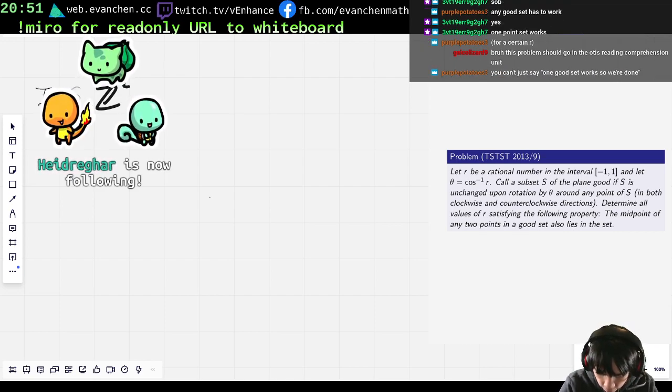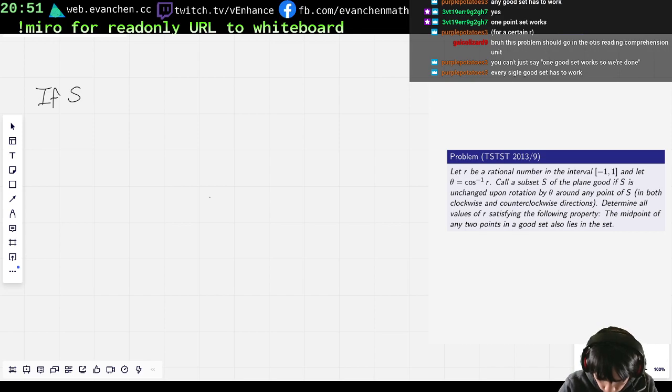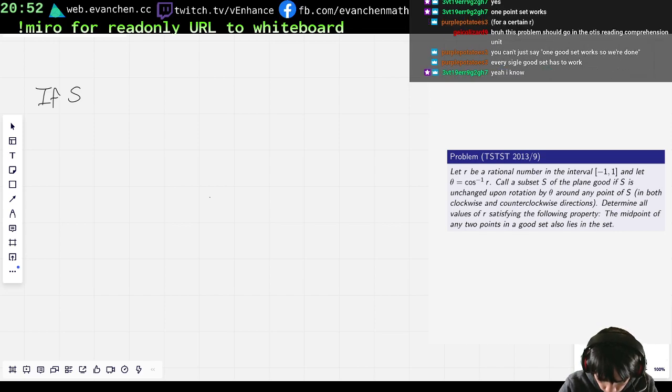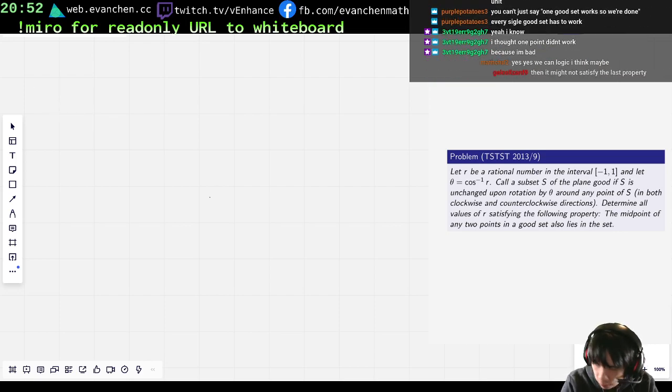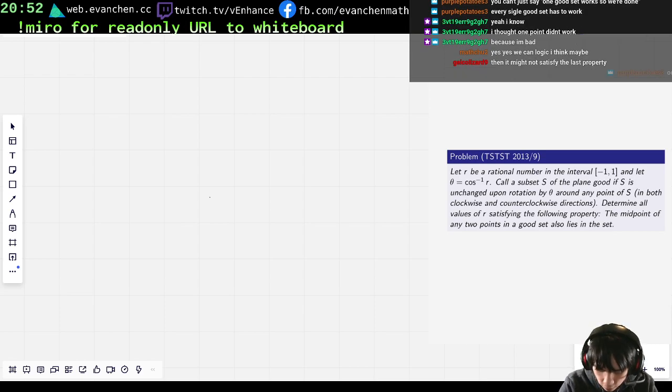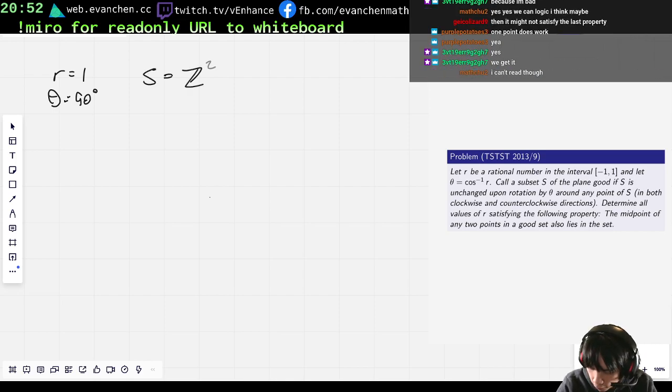So if s is equal to z squared, with r equals 1, theta is 90 degrees, then you can take s equal to z squared, and this is good.